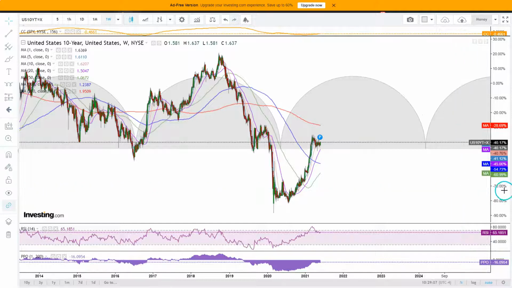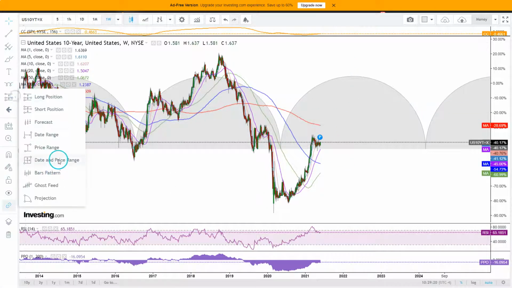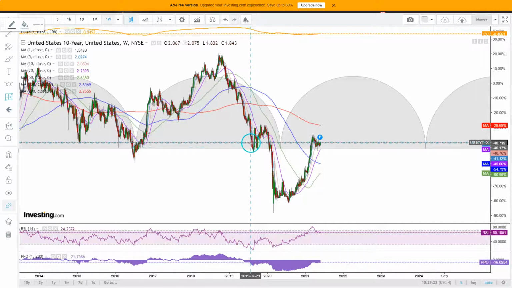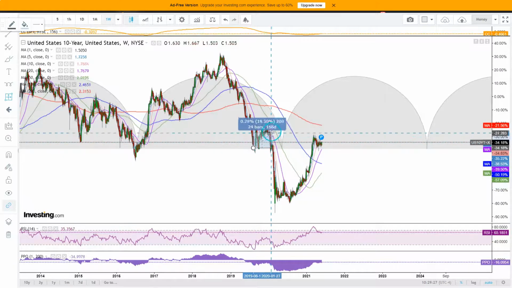What I do find interesting is this pattern, which you could argue is an inverse head and shoulders pattern developing. That's very interesting because inverse head and shoulders patterns have a tendency to go up.